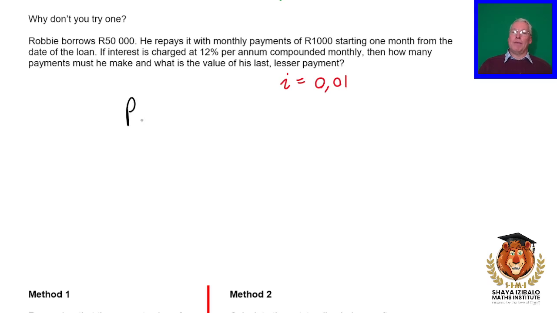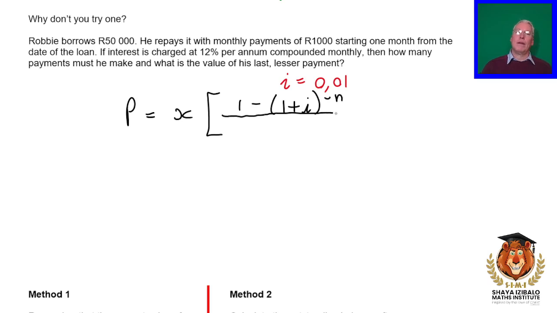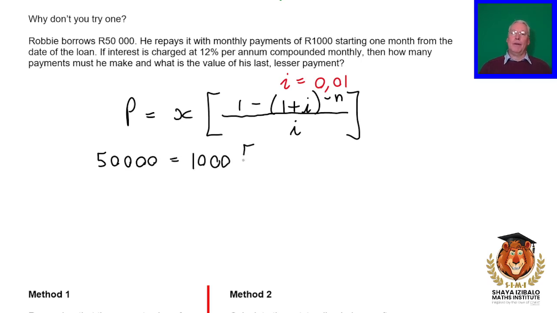Okay, so the first and most important thing is that we're going to be using our present value formula for a loan. He borrows 50,000 Rand. So there it is, 50,000. He repays it with monthly payments. X is 1,000.